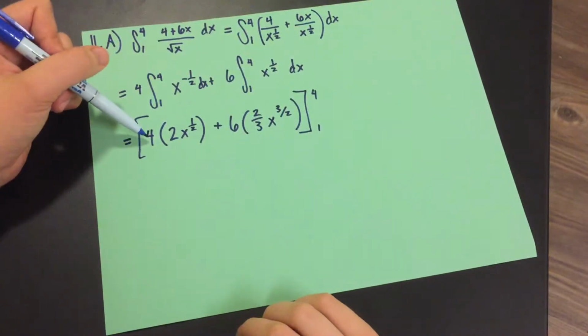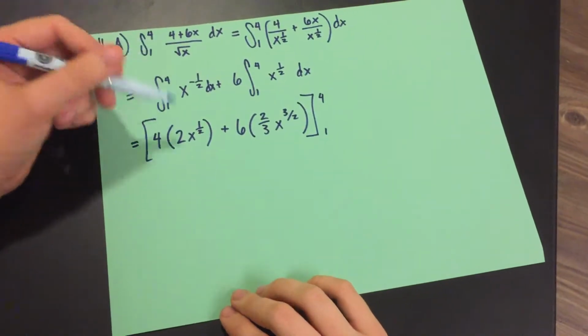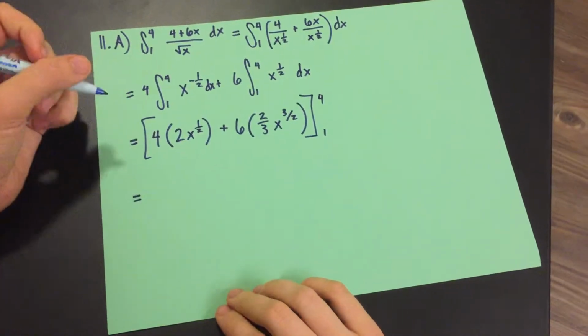So now, once we have the antiderivative of this, we can go ahead and plug in 4 and 1 to figure out the answer.